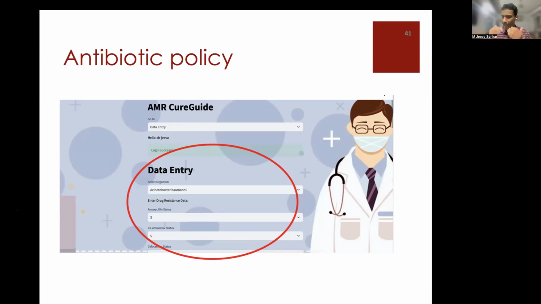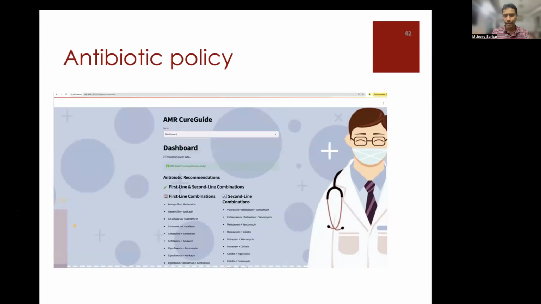You do this for each bug, for any unit, and for each drug you enter this data. Once you enter the data, a dashboard comes up which gives the first line combination and the second line combination as a suggestion. Then you can choose based on that, for example amoxicillin could be the first line and the second line could be piptaz. This was just a test run we did, and this was the suggestion.